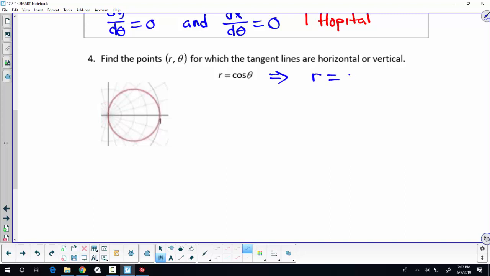Remember this formula? So we've got really two things we can remember. We can either remember that r equals 2a cosine theta is a circle with a center of (a, 0) and a radius of a.